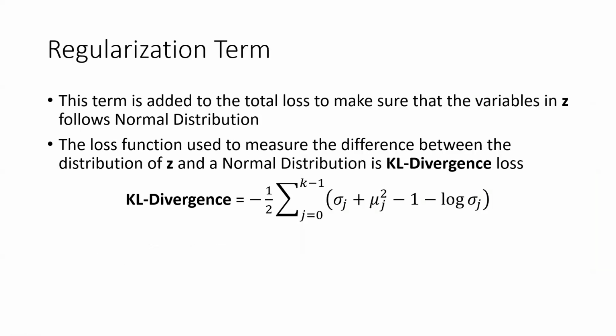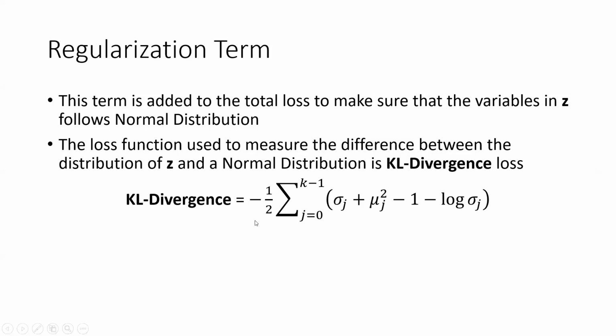So we try to find how much the values in this z vector are diverging from the normal distribution. In order to find how much a certain distribution is diverging from a normal distribution, one mathematical technique that can be used is known as the KL divergence.